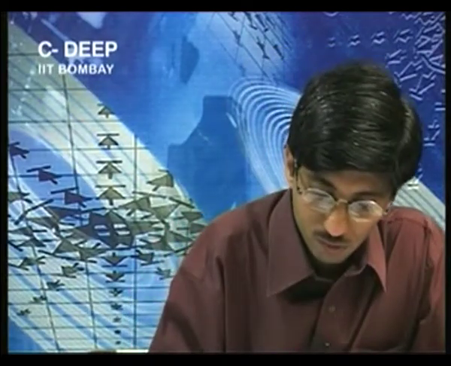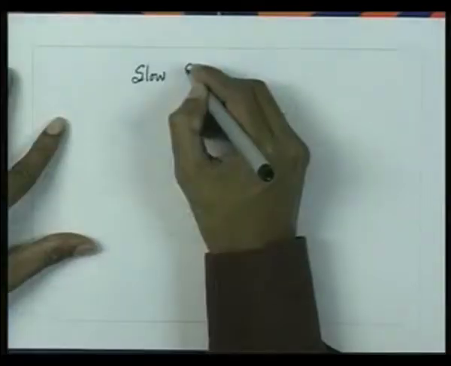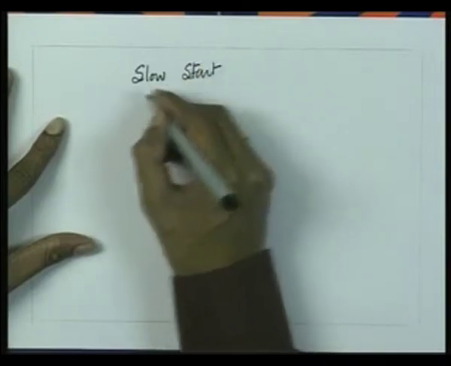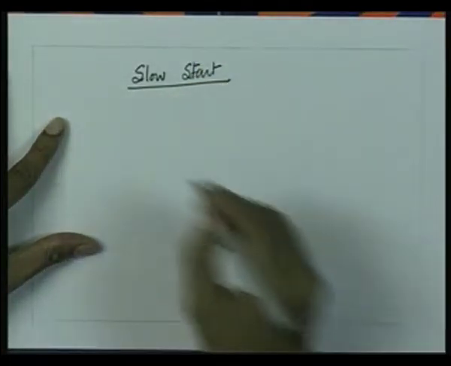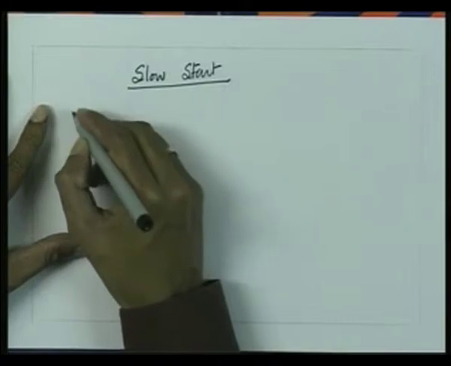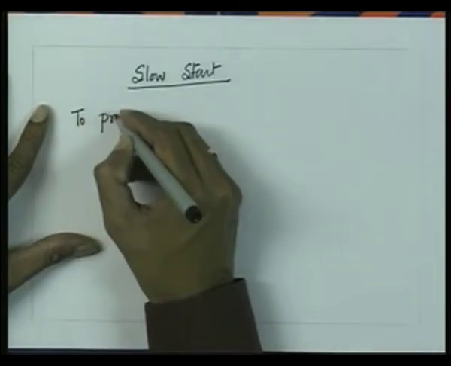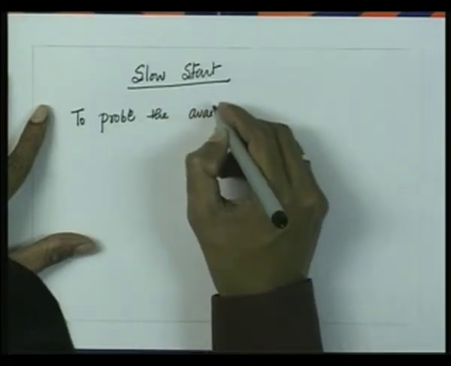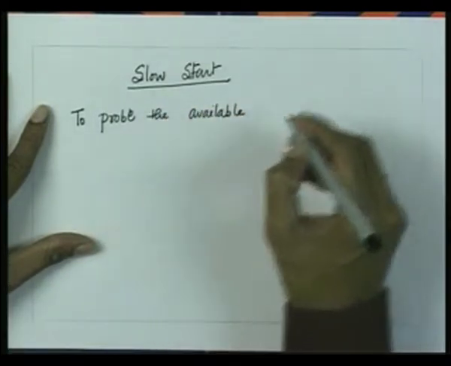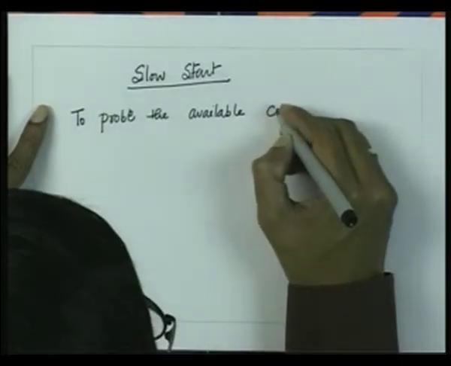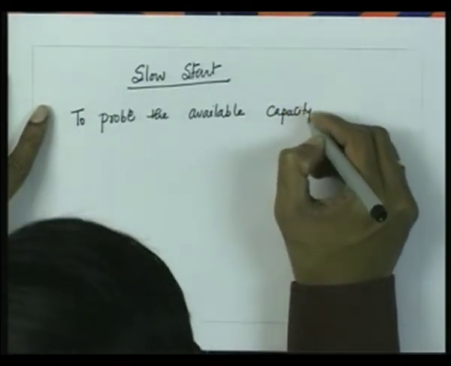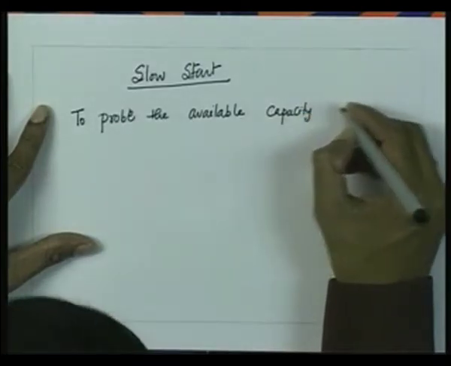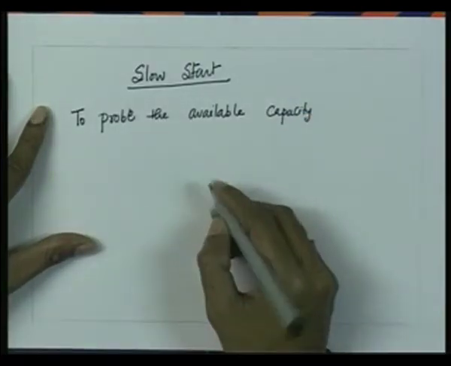So we have the slow start mechanism in TCP. The objective is really to probe the available capacity in the network in a faster manner.